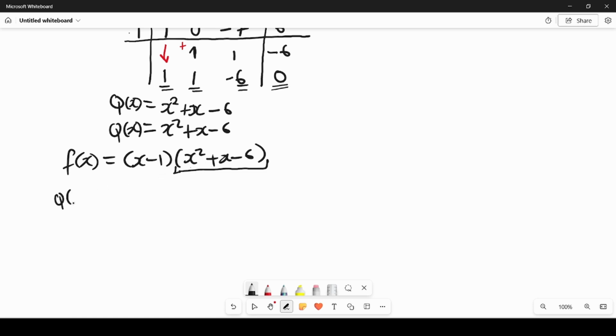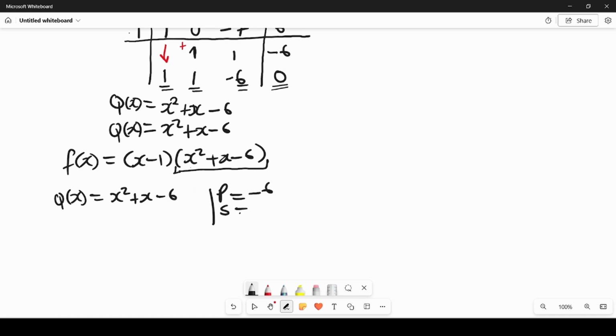Our quotient will be equal to x squared plus x minus 6. To factorize this, try first to see if you can factorize it using the product, sum and factors. The product is 1 times negative 6, which gives negative 6.